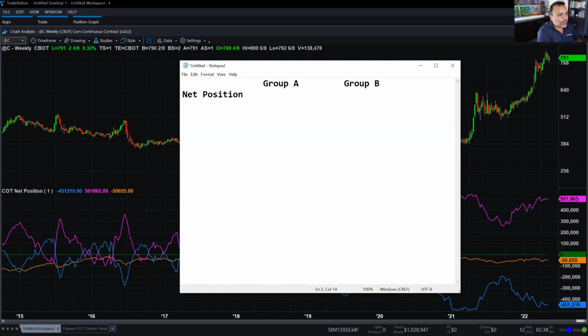Let's suppose that group A is negative 100, and group B is negative 1,000, right? By looking at the net position, you're probably saying, well, it seems like group B is more short than group A is. But that could be deceiving.